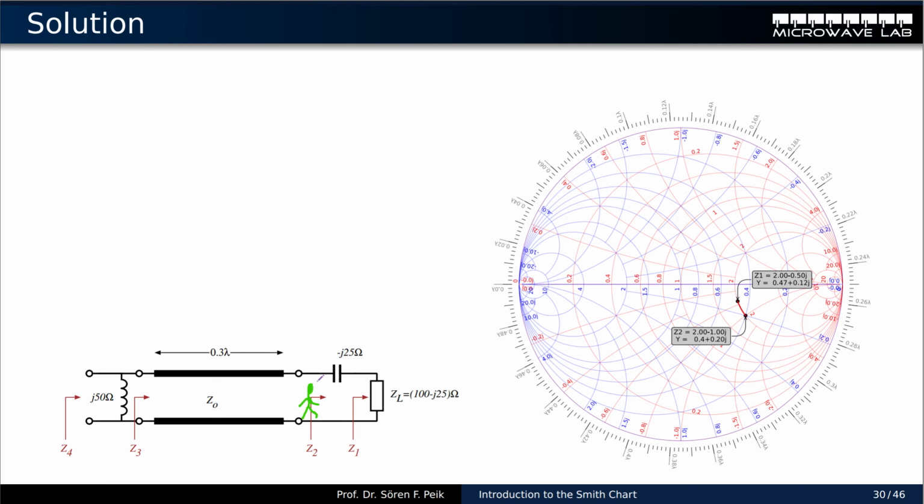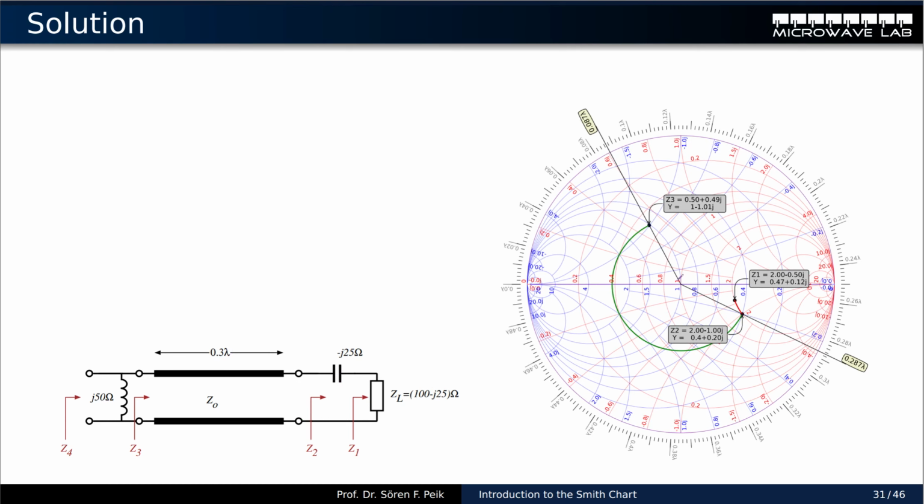Now I add my 0.3 lambda long line. How do I do that? I mark my start point, which is 0.287 lambda. I add my 0.3 lambda to it. That gives me my endpoint, which is 0.587 lambda.